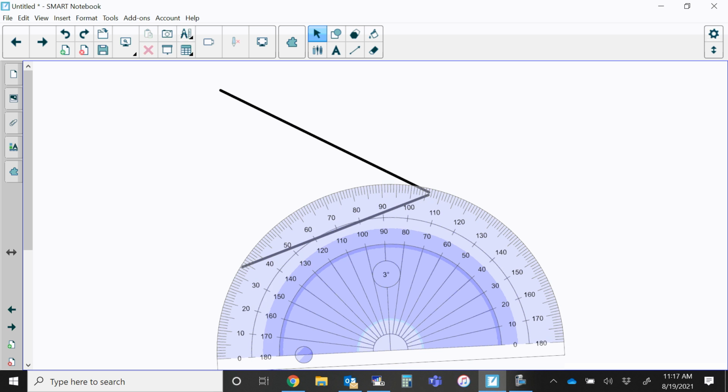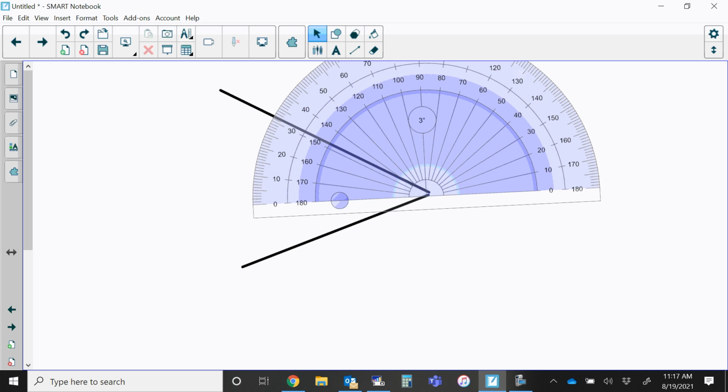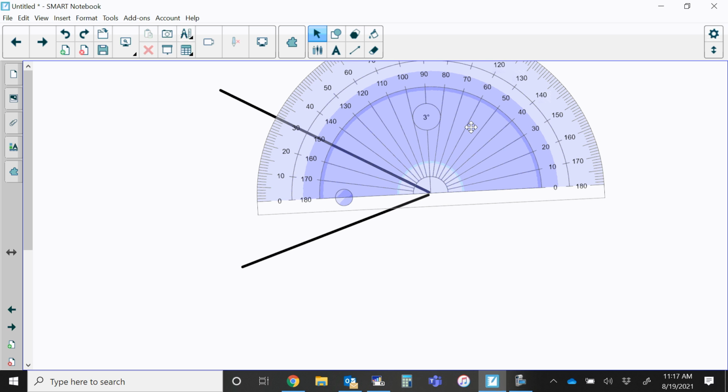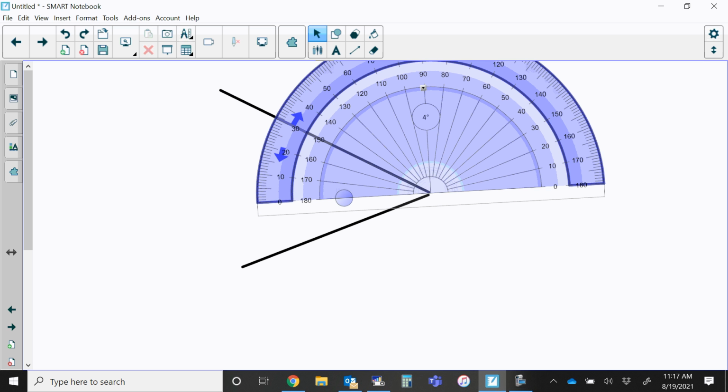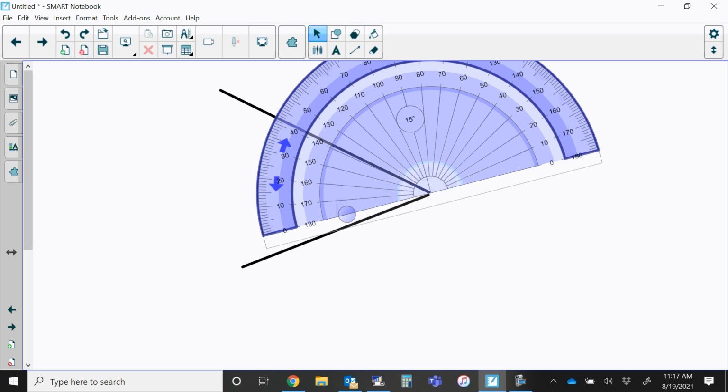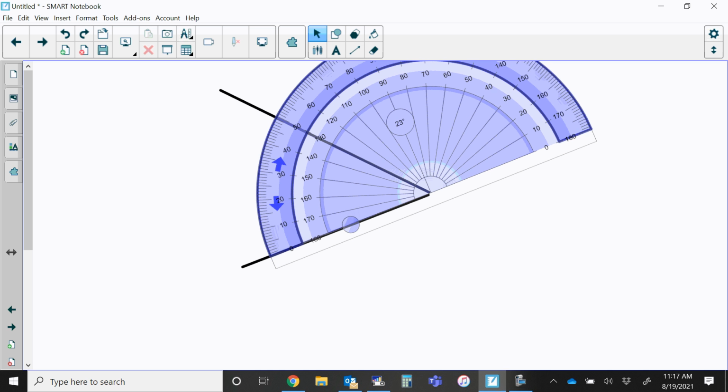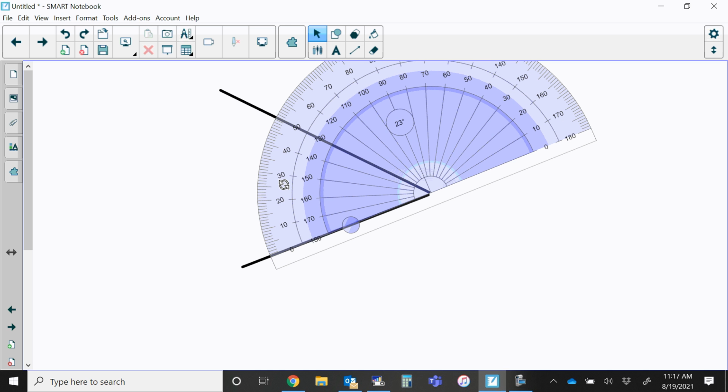Again, I'm going to drag this and put that spot right there on the vertex, yes? What else do I need to do with my angle or my vertex or my protractor? I've got to turn it and line it up so that you see the line is touching the zero now. Yes?